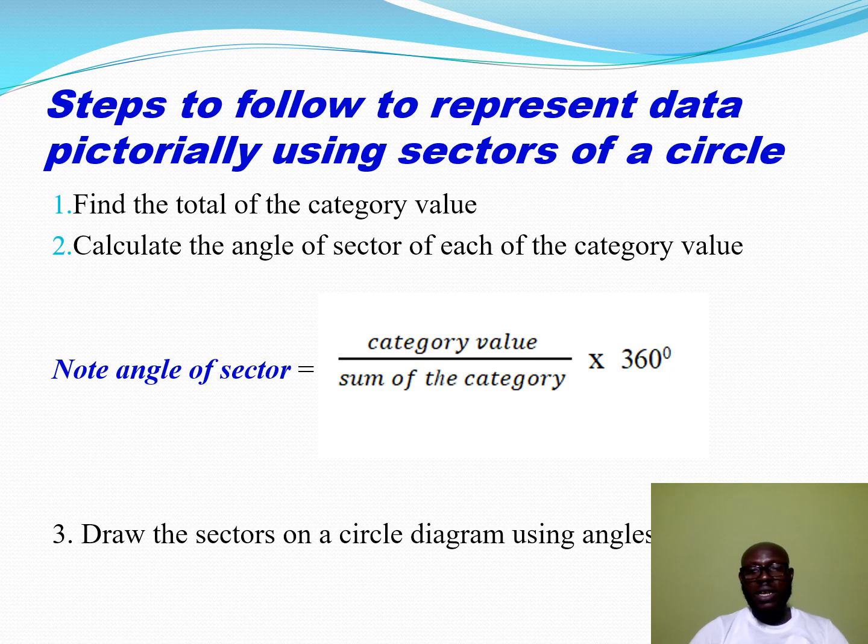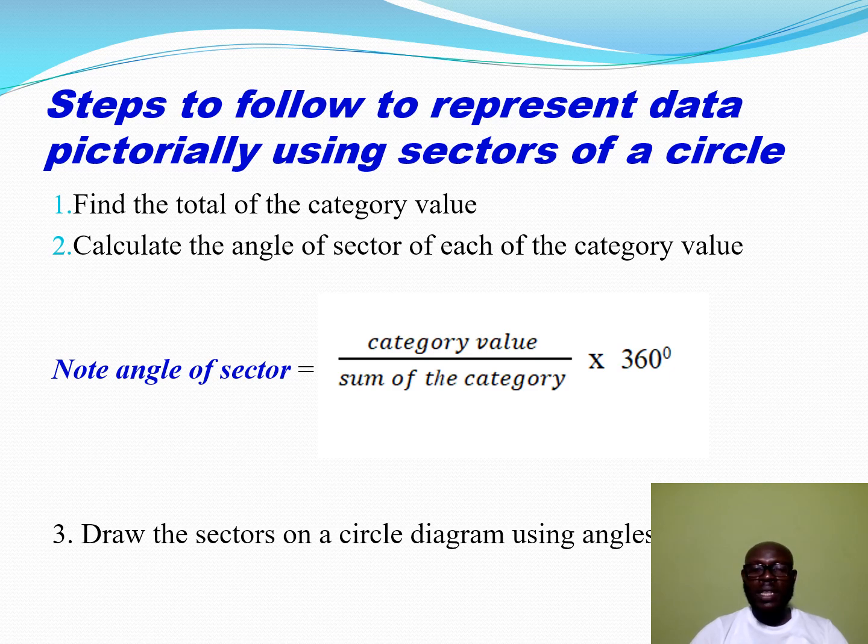Before we can represent data pictorially using sectors of a circle, we need to follow some steps. As you see on the screen, step 1: we have to find the total of the category value. Step 2: we have to calculate the angle of sector of each of the category value.